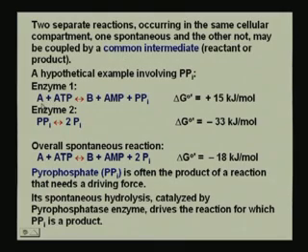For example, if we look at a hypothetical example that involves PPi, we have A plus ATP going to B plus AMP plus PPi. Okay. Now, this particular reaction that occurs in enzyme 1 has a positive delta G. Okay. Now, it having a positive delta G means it is non-spontaneous.